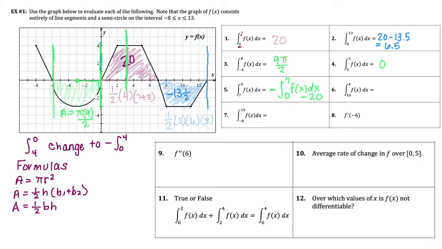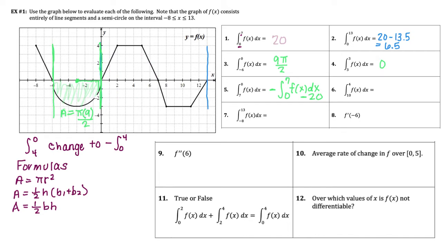So then for number 6, we're going from 4 to 10. So we need to do some erasing here. Get rid of some of these lines. Okay, so for 4 to 10, let's see, I'm going to get rid of some of this.